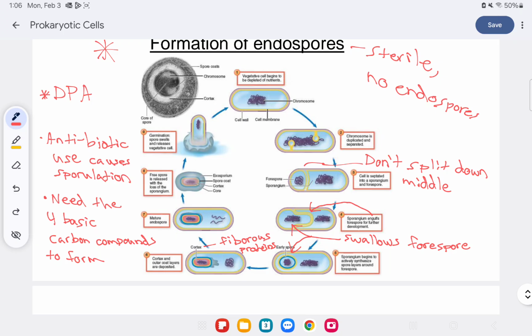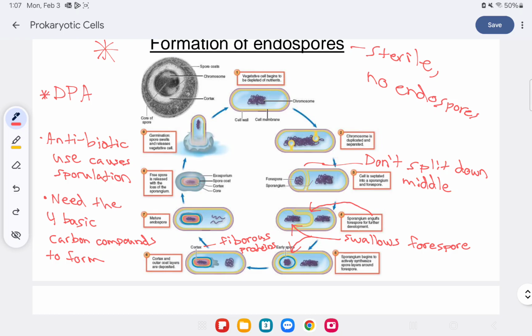this thing gets released. And so now you're looking at the spore, and this spore is very resistant. So it has, because of the fibrous layer protecting the DNA and the dipicolinic acid and the fact that it's gotten rid of the water, it can withstand many, many things that would kill an actively growing and dividing cell, which is called vegetative.